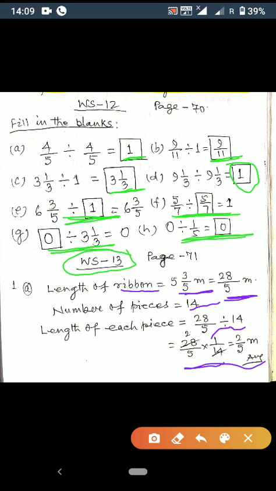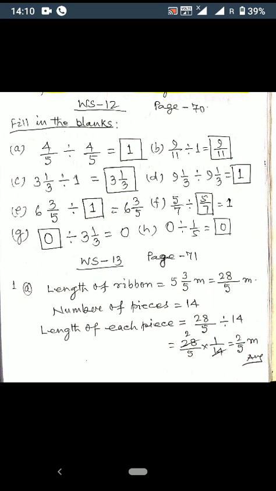Now convert the division sign to a multiply sign and write the reciprocal of the divisor. So it can be written as 28 by 5 multiply reciprocal of 14, which is 1 by 14. Now 14 ones are 14, 14 twos are 28. It can be written as 2 by 5 meter. Your answer is 2 by 5 meter.